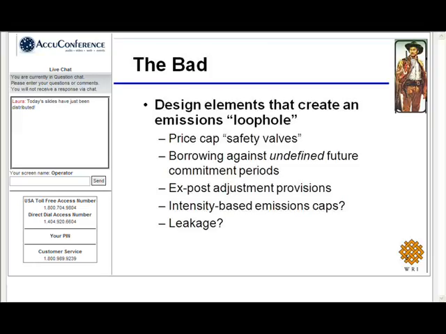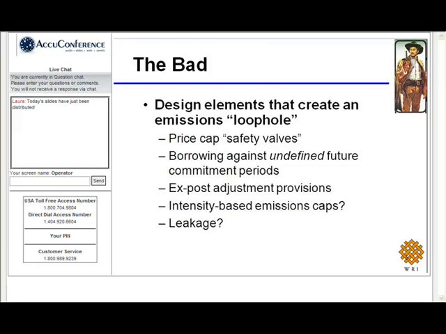The thing to keep in mind here, though, is that the linking itself will not lead to greater overall emissions. So if you're looking at the general criterion, are emissions higher under a linking agreement than they would have been without linking? If you link to an intensity-based system, that's not going to be true.